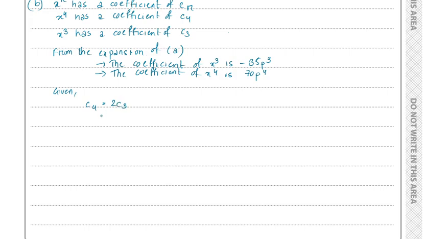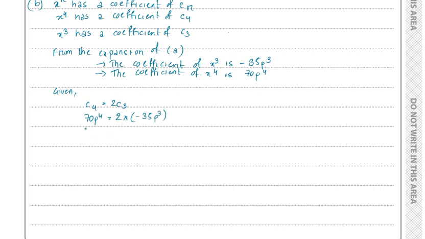C4 is the coefficient of x to the power 4, so in our question, 70p^4 equals 2 multiplied by C3, and C3 is equal to minus 35p^3.